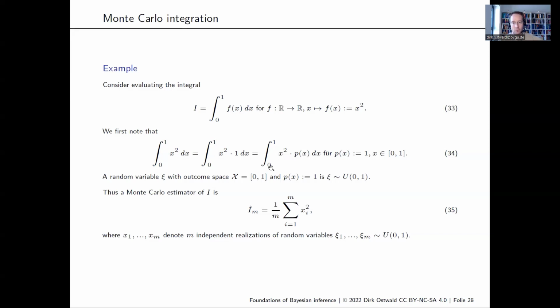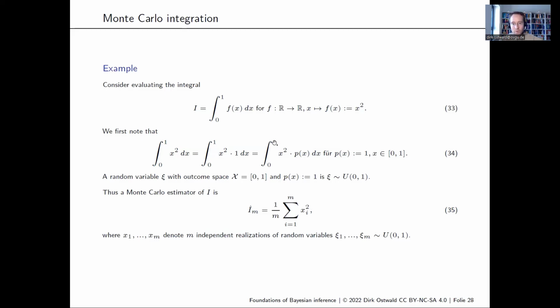So one has to find the random variable from which one wants to sample. One has to think a little bit in terms of figuring out how to rewrite an integral as an expectation.